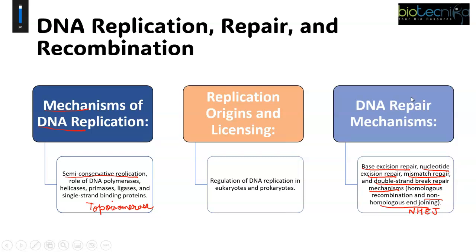Only those alterations in the DNA which escape the DNA repair mechanism stay in the DNA, and they cause the various evolutionary changes that might have happened in the species across millions of years.